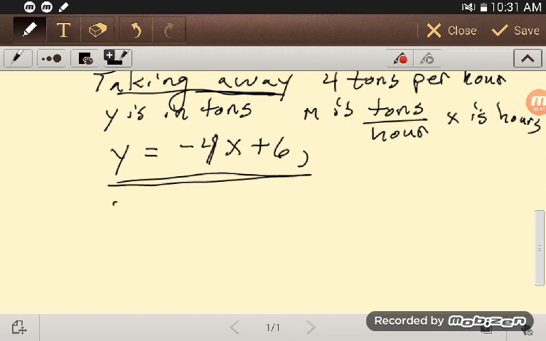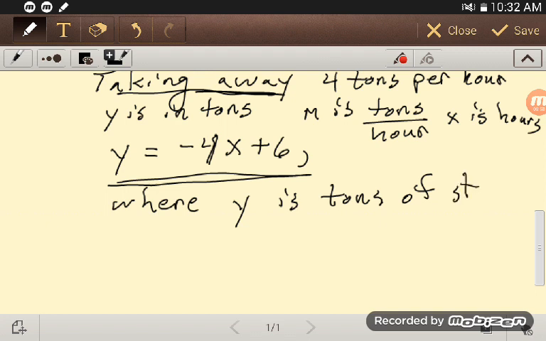So where y is tons of stone left, okay, because I'm removing it from the pile, so it's the tons of stone left, and x is hours.